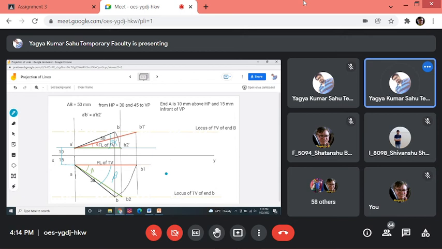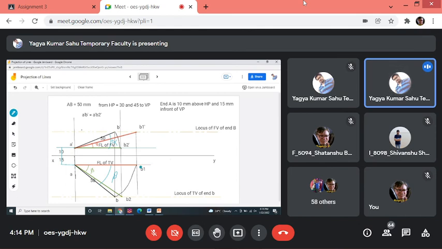Easy. First of all, assume the line inclined to horizontal plane only. Draw AB1 and A dash B1 dash, and draw the locus at B1 dash.